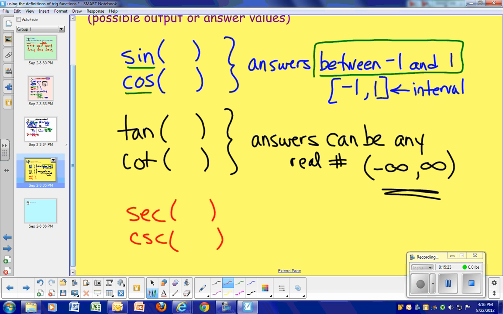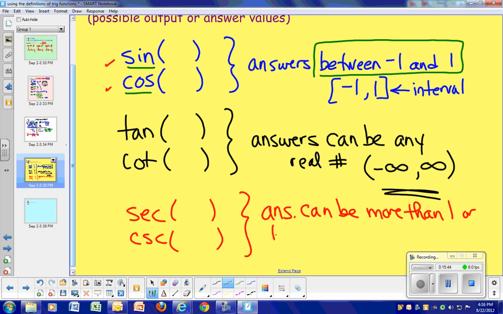Now remember that secant and cosecant are reciprocals of sine and cosine. So sine and cosine have answers in between -1 and 1. Secant and cosecant are sort of the opposite of that. Answers can be more than 1 or less than -1, or they can equal 1 and -1.